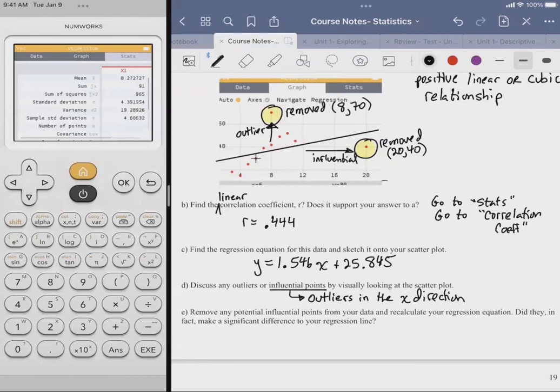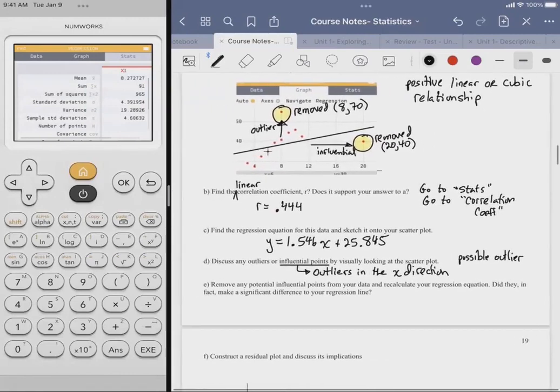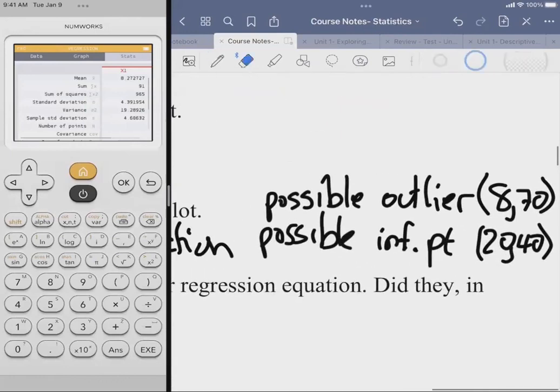But what we'll do is identify these: possible outlier, 870, possible influential point at 2040. Went a little crazy with the abbreviations here. Hold on, let me fix that. So, possible influential point at 2040.